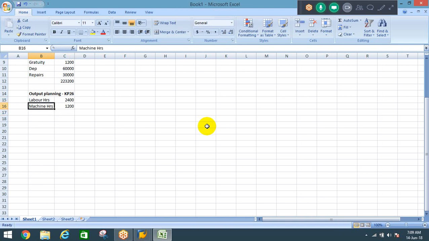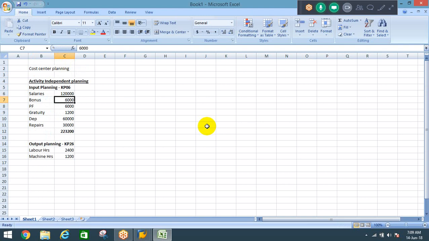So now we need to calculate the labor hour rate and machine hour rate. We need to finally calculate the labor rate.